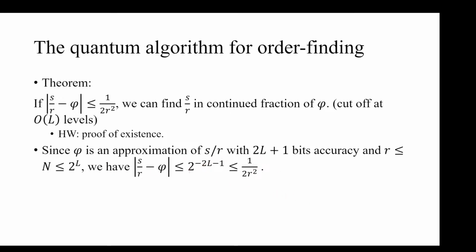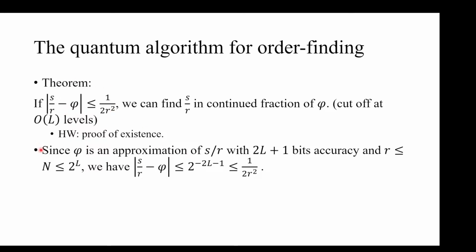Just because 2 to the L equals N, and N is bigger than R, so 2 to the minus 1 is 1 over 2, and this 2 to the minus 2L is less than 1 over N squared, which is less than 1 over R squared. So we have enough accuracy to apply this theorem.